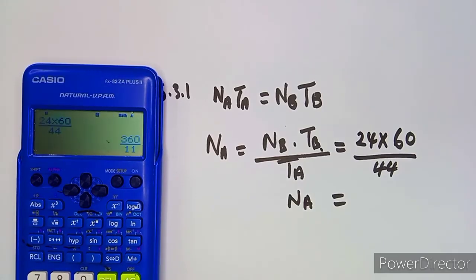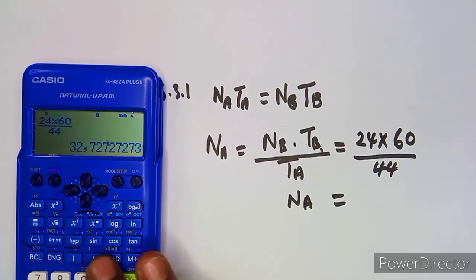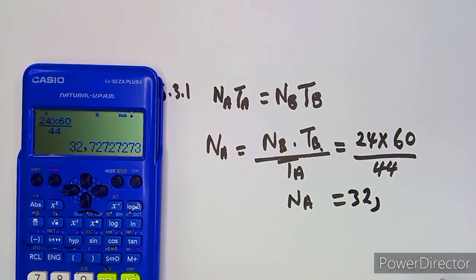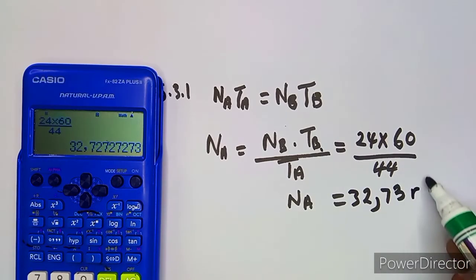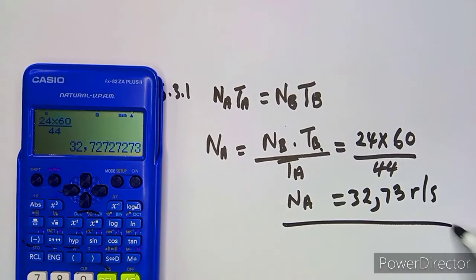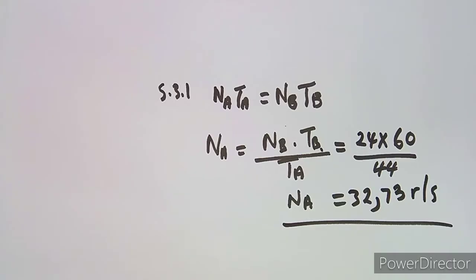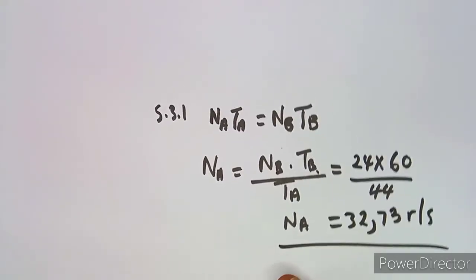You're going to obtain 360 over 11, then change it using the S-D button here. It's going to be a decimal, something like 32.72, whatever you're going to have. Then you can round off to 2 decimal places or 3 decimal places, depending on the degree of accuracy that you want to use. All right, so that is your NA.